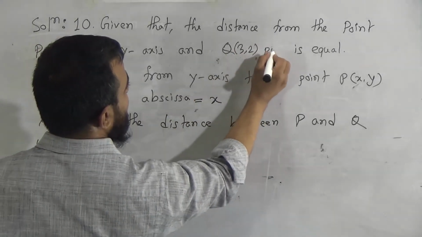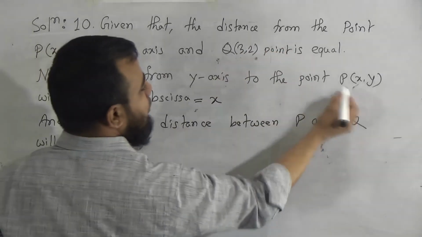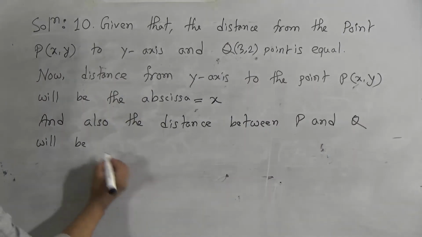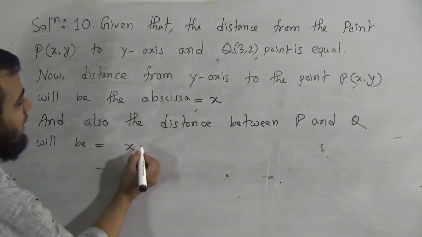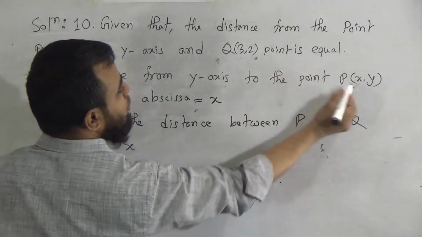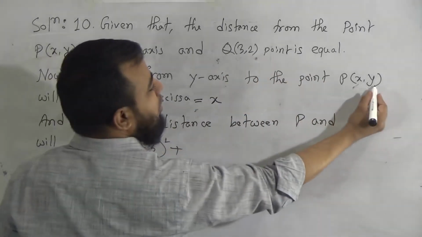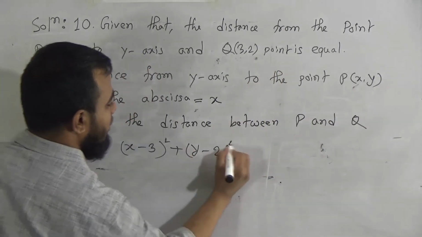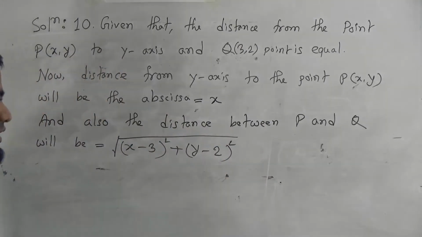Now from P I need to identify the distance to Q. The distance will be the square root of x minus x1, that is x minus 3 whole square, plus y1 minus y2, that means y minus 2 whole square, whole to the power root over. This will be the distance from P to Q, and this x is the distance from P to the y-axis.